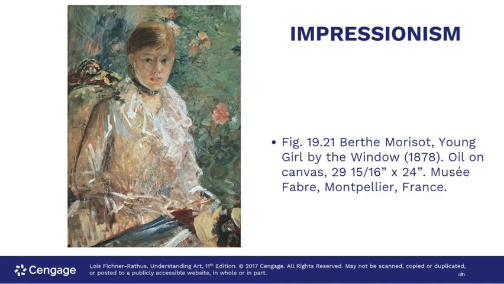In this painting, Young Girl by the Window, we have a really good characteristic of Impressionism in the fact that you can literally see where her paintbrush has just wiped paint on the canvas. We see the very loose brush strokes, which appear to be applied kind of frantically and randomly, but they're not. They're very specifically placed.